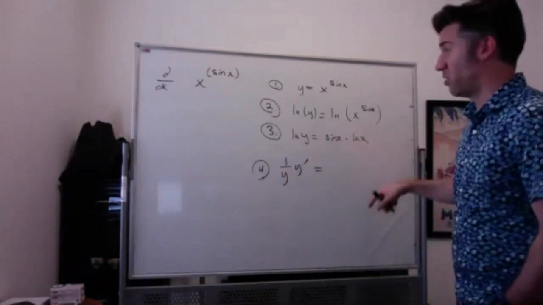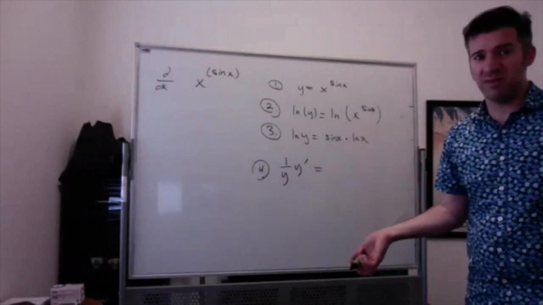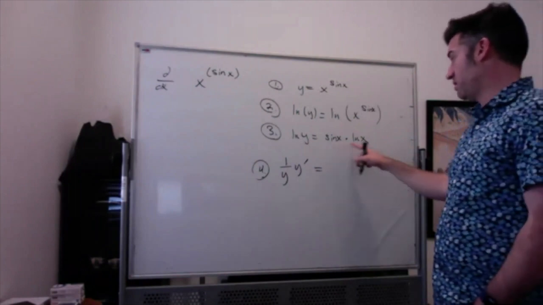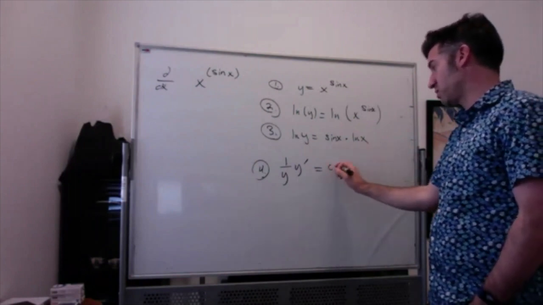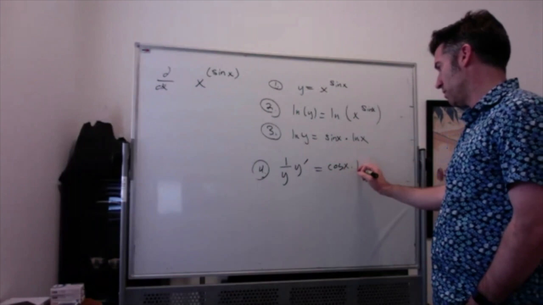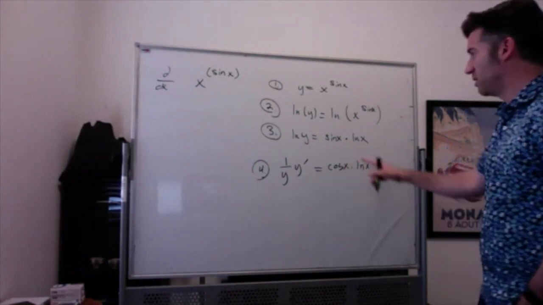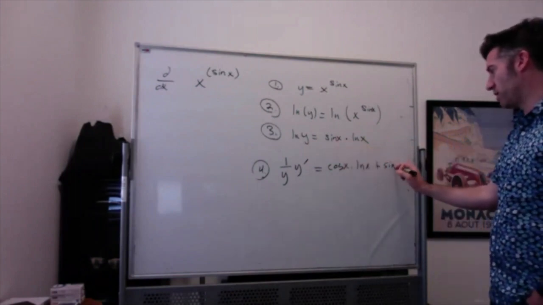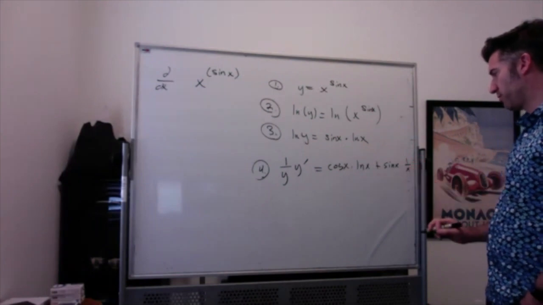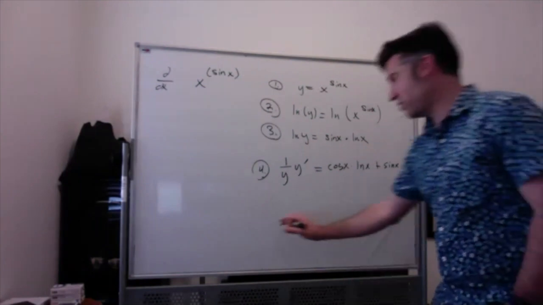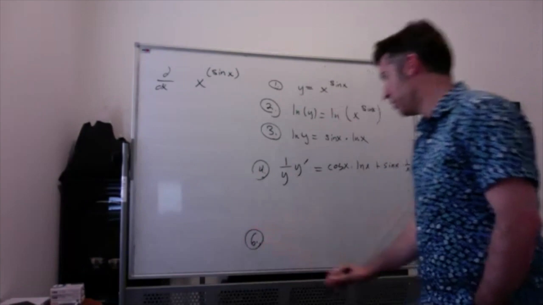And on the right-hand side, we're almost always going to have to use the product rule, or sometimes even the quotient rule. So sine of x times natural log of x is going to be derivative of sine, which is cosine of x, times natural log of x, plus sine of x times the derivative of the natural log of x, which is 1 over x. Finally, I think you can do this next step all in one, but I'm going to show you the middle step.